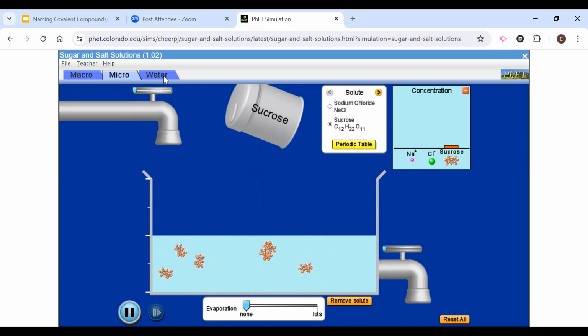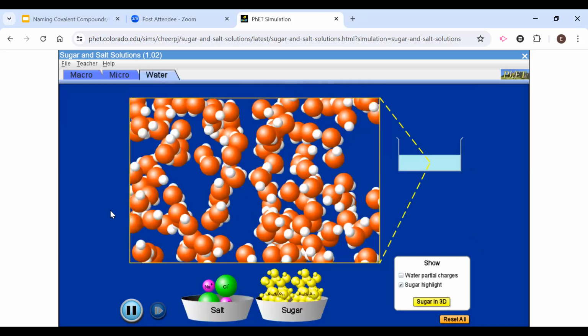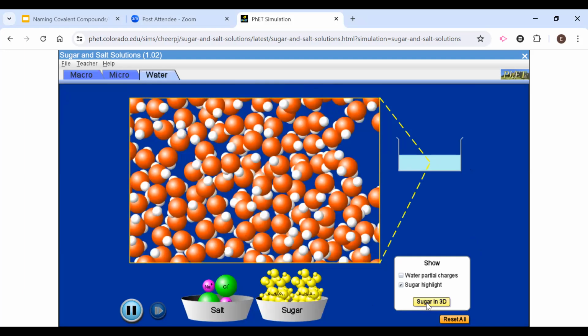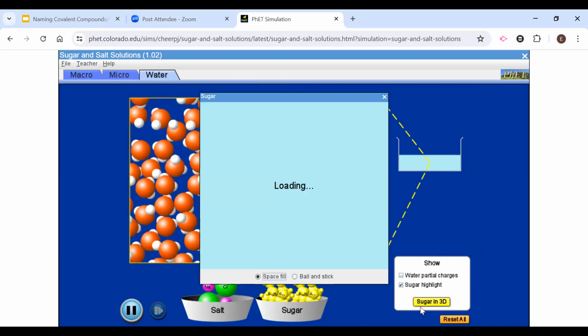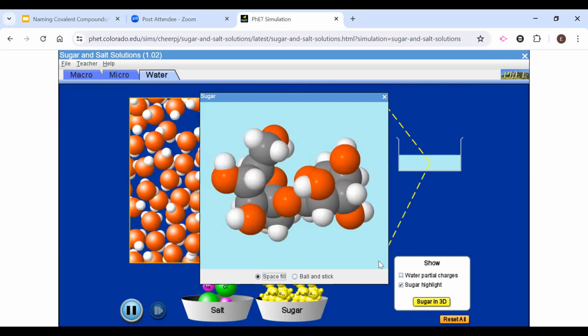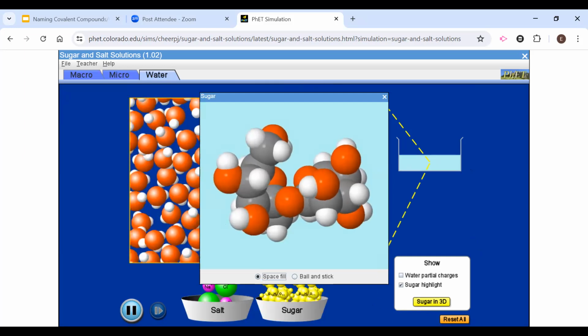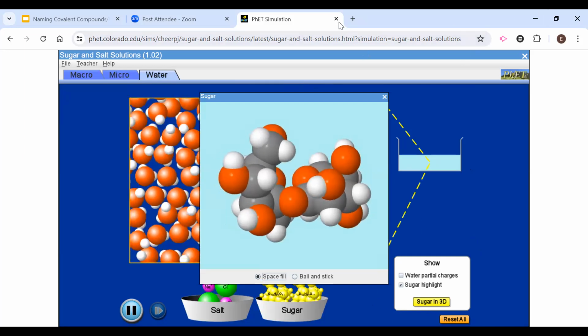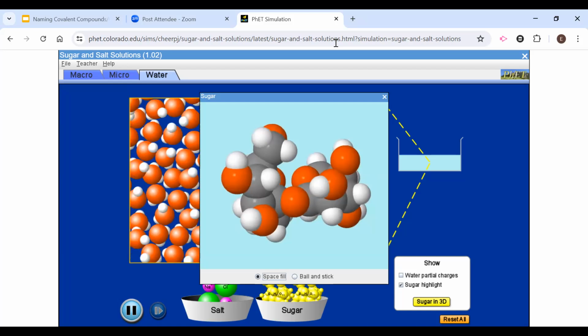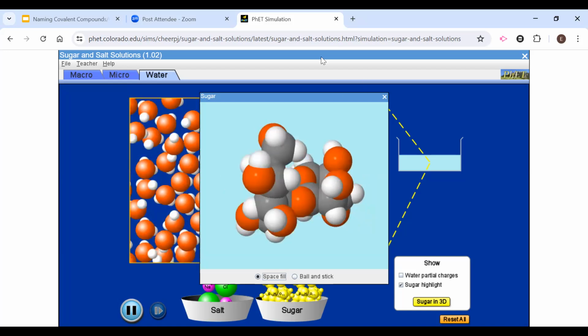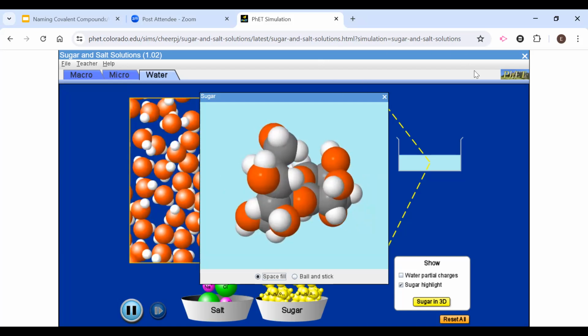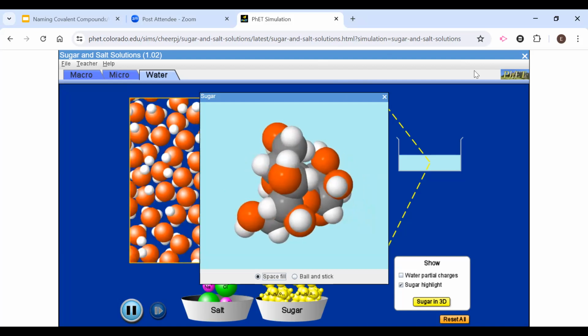We can also look at this in a different way. Sugar looks like this. Look at it. You see? It's intact. It didn't break apart. Okay? So just to show you, compare ionic and covalent.